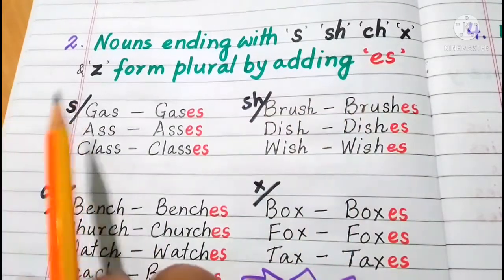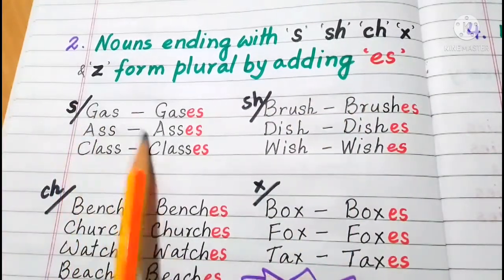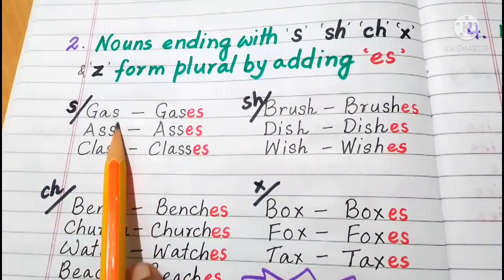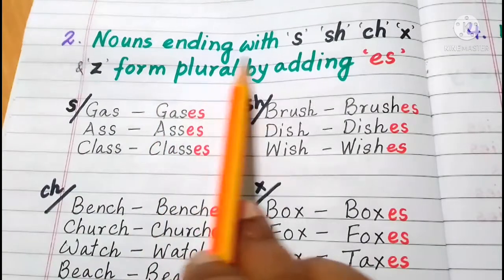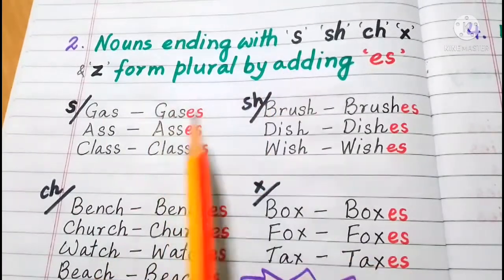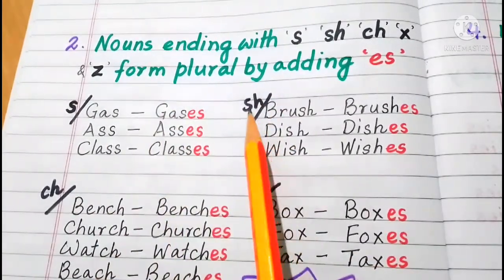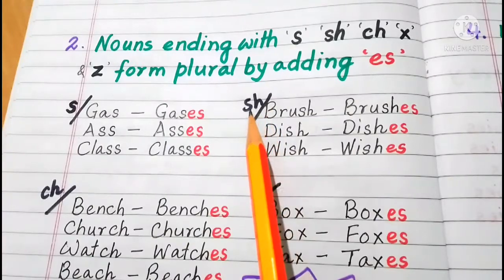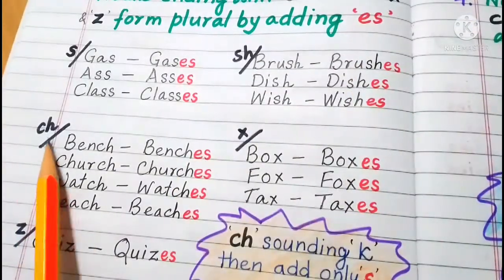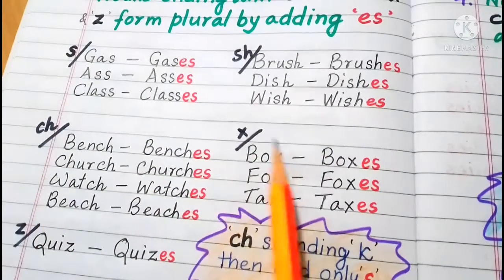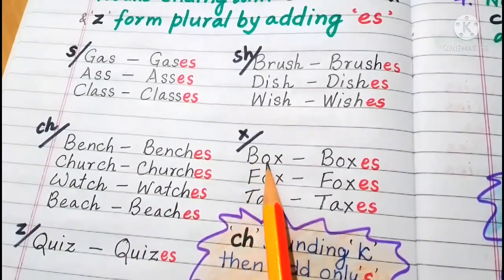So here are examples of words or nouns ending with s. Here are the examples for words ending with sh, some examples for words ending with ch, and some words ending with x.